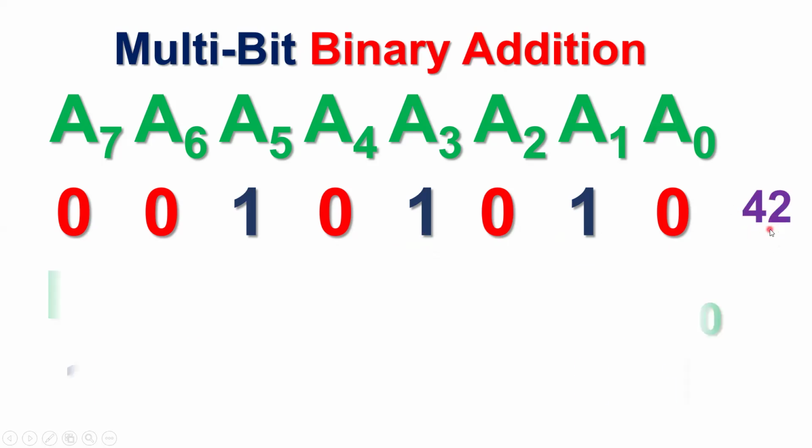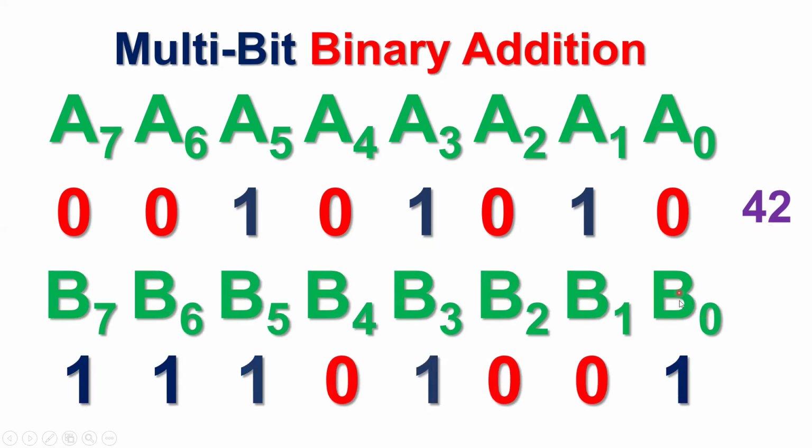Let's say I have another number B with word size of 8 bits, starting with B0 up to B7. B0 being the LSB, and B7 being the MSB, which is bit 1. And we read this number right from the left, 1110 1001.